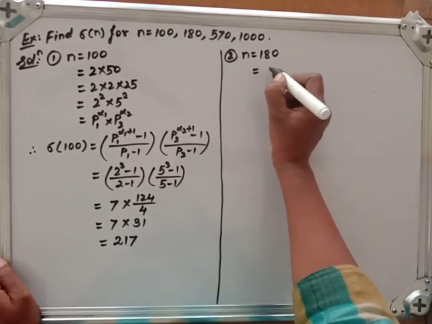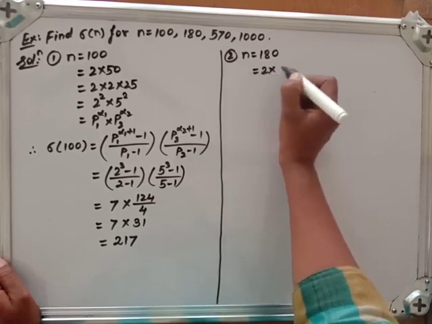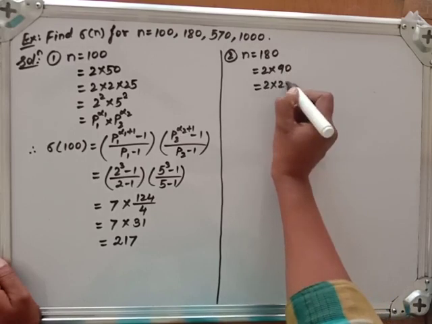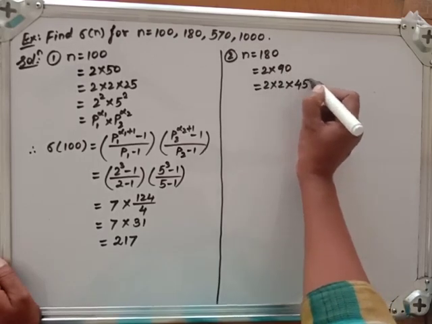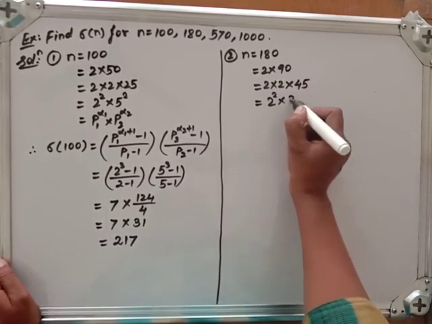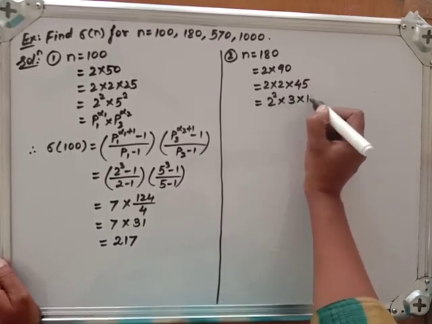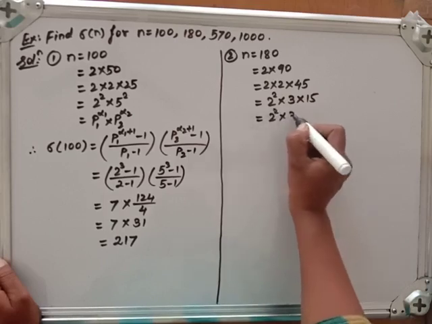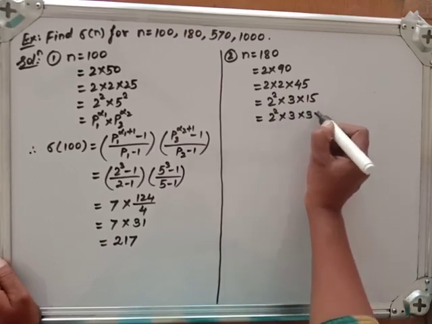180. So 180 can be written as 2 into what? 90. That is same as 2 into 2 into 45. This is same as 2 square into 3 into 15. So it is 2 square into 3 into 3 into 5.